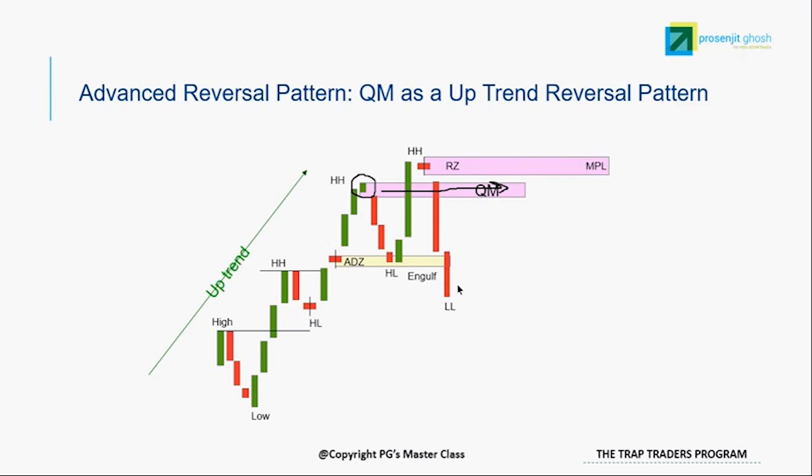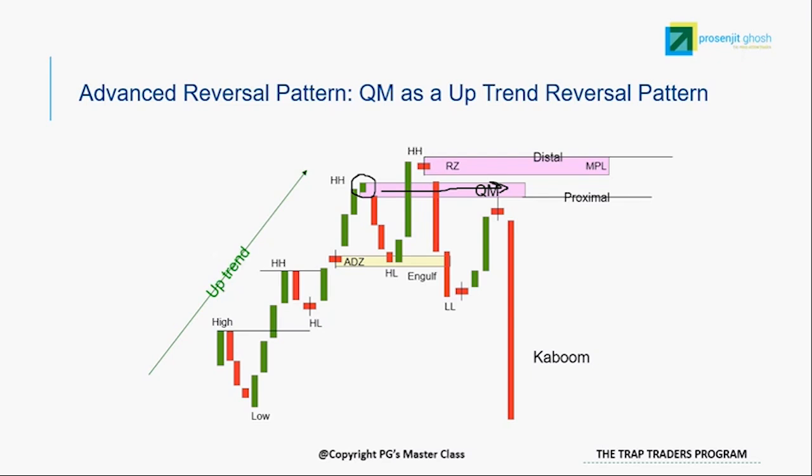So this is a trap level, and once price comes up to the trap level, we can plot our distal line and our proximal line. We will plot our proximal line at the QM and keep our distal line above the MPL, and a beautiful trade can be taken. It is a kaboom. And really big trades happen from our QM.